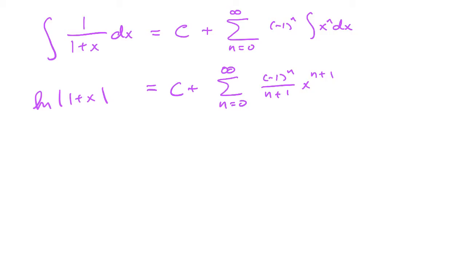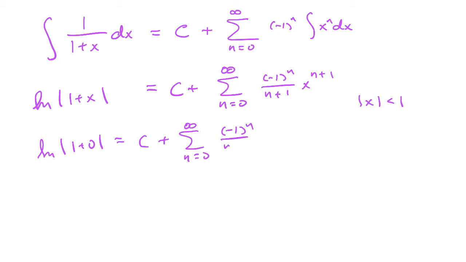So now comes the question of what exactly c is. Well, remember that our power series is still valid in our integral for the absolute value of x less than 1. So if we plug in 0 to both sides, I have the absolute value of 1 plus 0 on the left, and on the right I get c plus the sum from n equals 0 up to infinity of minus 1 to the n over n plus 1, 0 to the n plus 1.